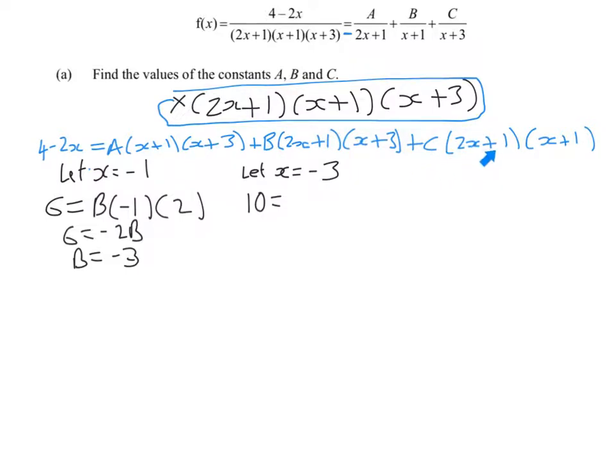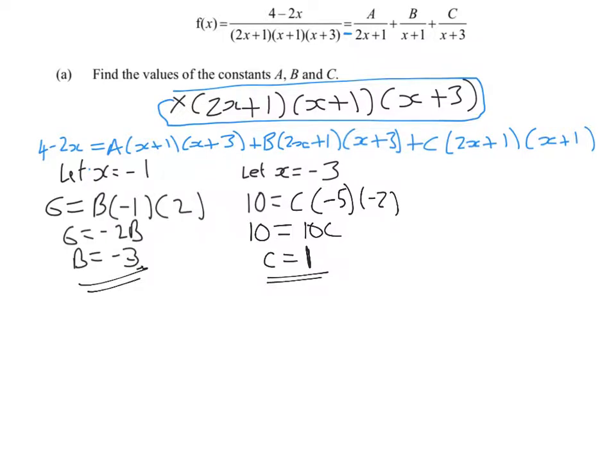So we're just left with C. C times 2 times -3 is -6 plus 1, -5. -3 plus 1 is -2. So I've got 10 equals 10C. C equals 1. So we're getting there.